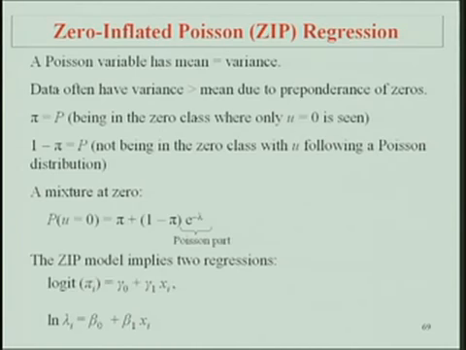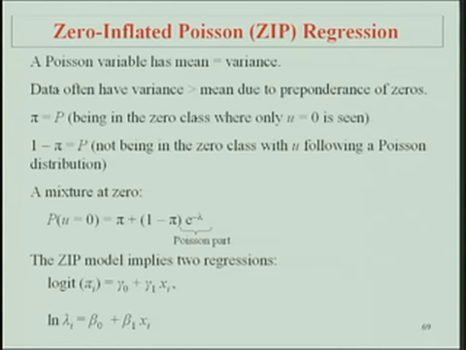Not being in the 0 class means that you are a drinker, and then the number of times that you binge drink in the last 30 days follows a Poisson distribution. So pi is the probability of the class that doesn't drink, and 1 minus pi is the probability of being in the class that does drink. If you're a drinker, you follow a Poisson distribution, but there are non-drinkers as well.